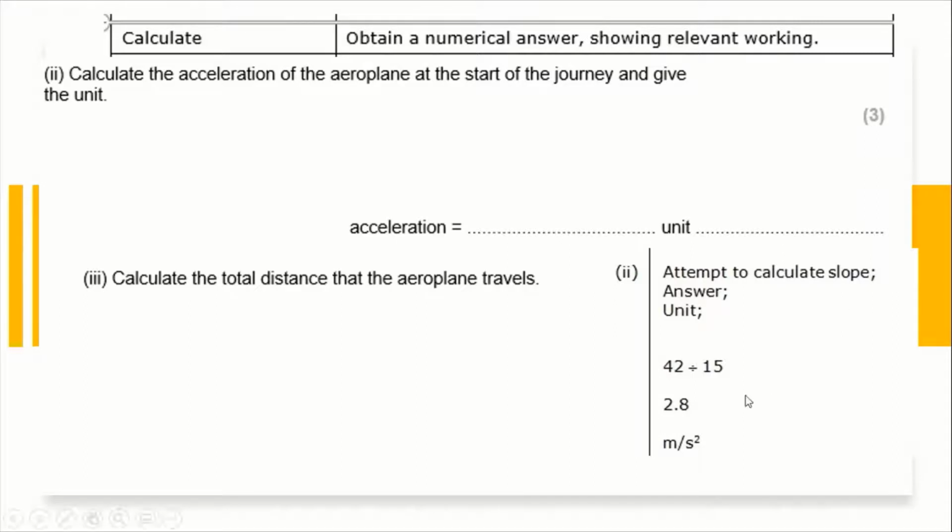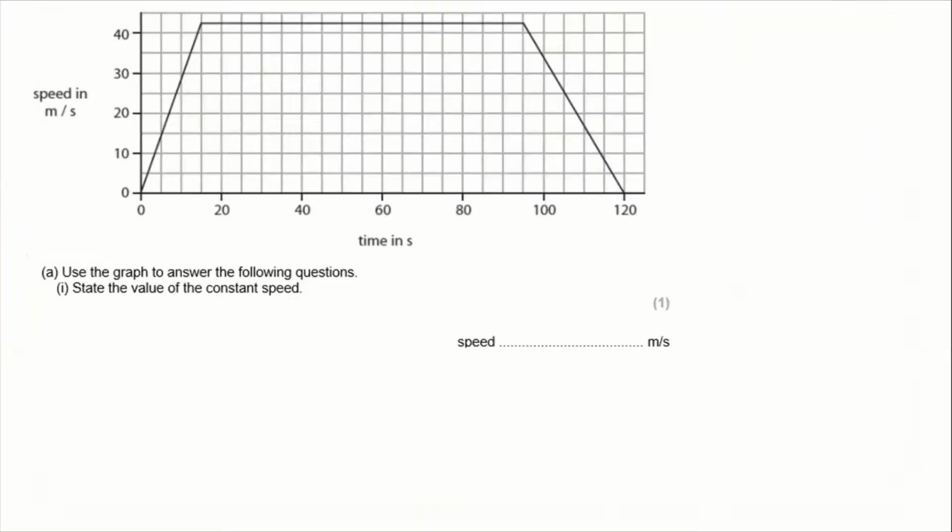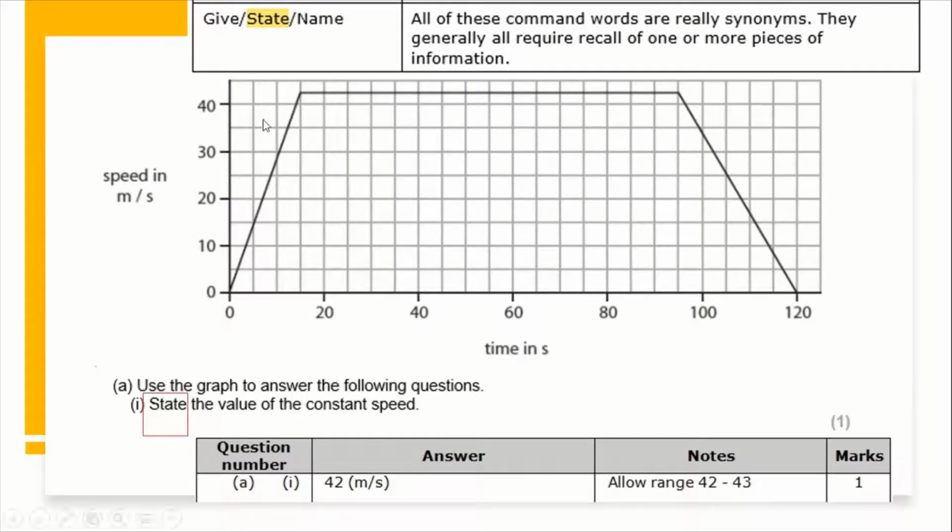So if you have taken 42 as the rise, the velocity or the speed, and the time taken is 15 according to the triangle. So you take the biggest triangle that you can take.